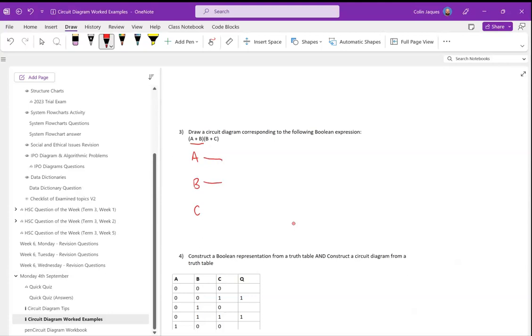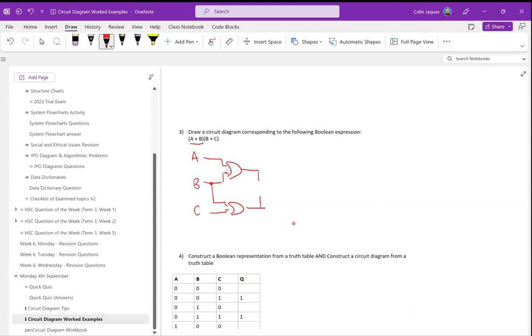I'm going to draw an OR gate because it's A or B. Then the next one is going to be B or C. So I'm just going to put a little dot here so that I can bring that input across, and I'm going to draw an OR gate.